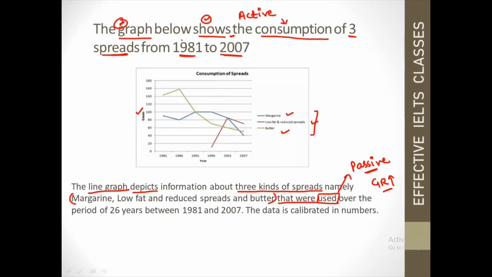In the question we have simple time, and here I have used the period of 26 years, and also I changed the word from to between 1981 and 2007. After that the data is calibrated in numbers, because our data was in numbers, that's why I have written this sentence.